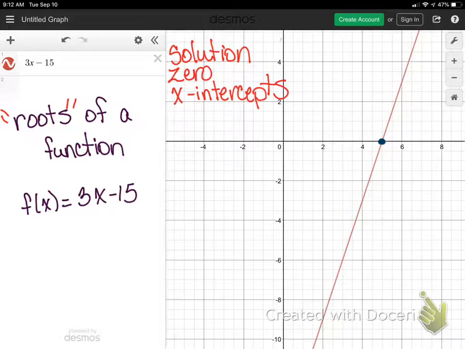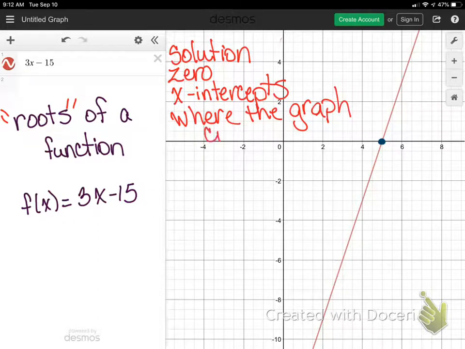So when you are asked for the roots, what you are being asked for is where the graph crosses the x-axis. That's what I'm being asked for. All of these are interchangeable.